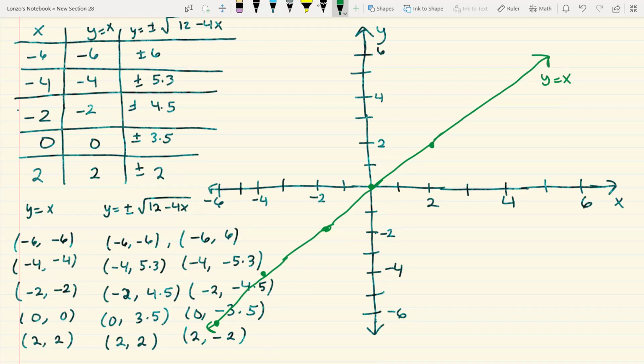Y equals x. And then the other one, what color should we use? Let's use red. And the next one is this parabola. So the first point is -6, -6. It literally overlaps the green one. -4, 5.3.